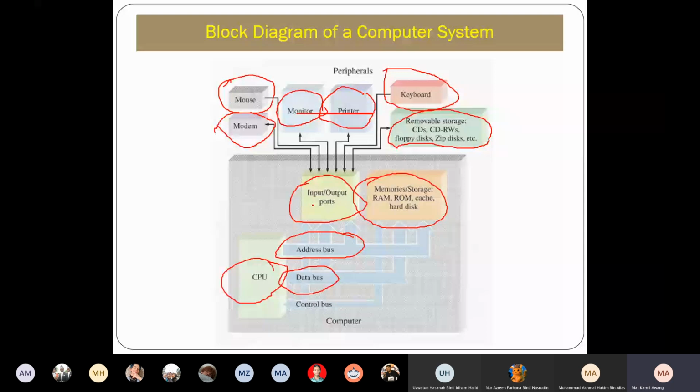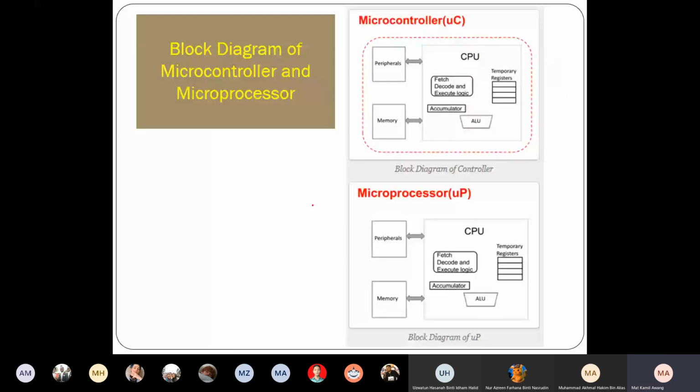This is the block diagram of a microcontroller and microprocessor. The top one is a microcontroller. And the bottom one is the microprocessor. You see any difference?